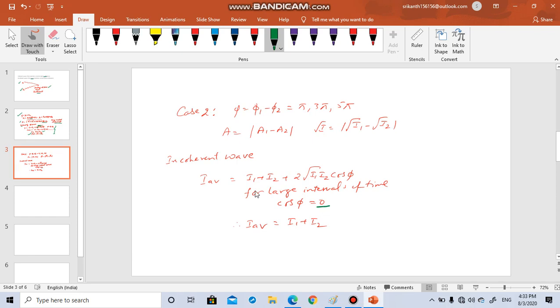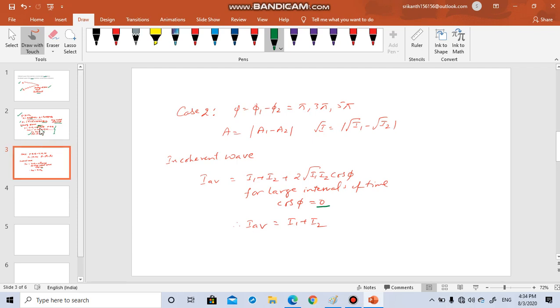So you are left with I average is equal to I1 plus I2. This implies that superposition of incoherent waves gives uniform illumination at every point and is simply equal to the sum of intensities of component waves.